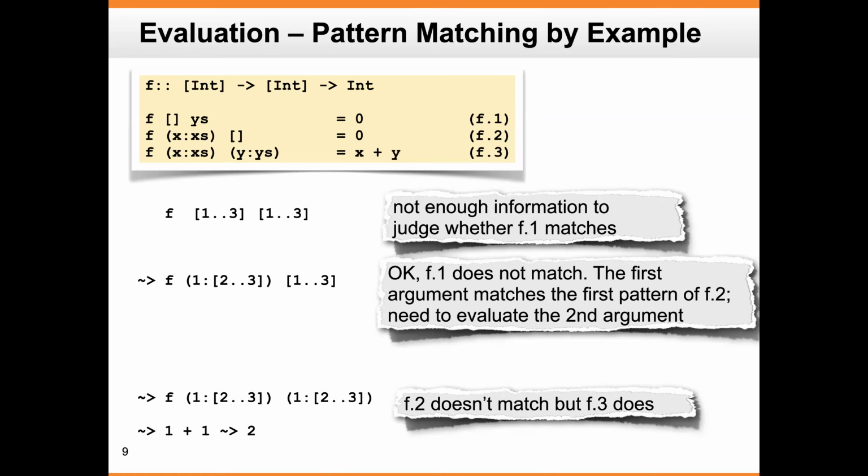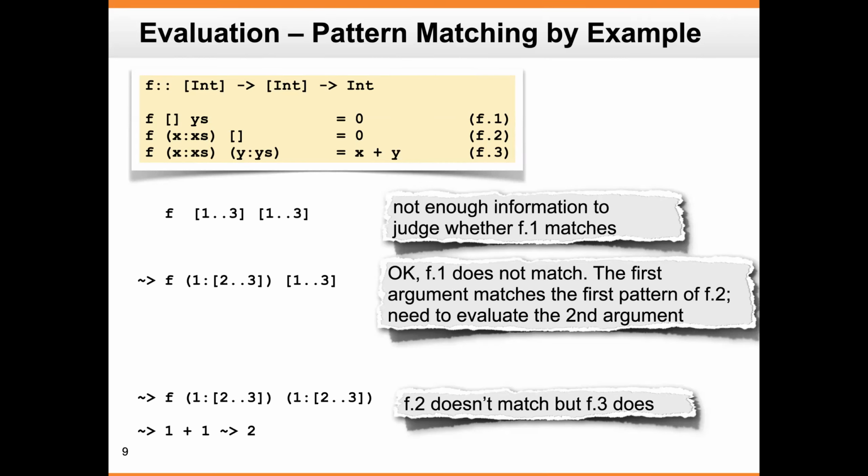Now, let's assume that we call f with two lists, two equal lists. The first one is the interval 1 to 3, and the second one is the same because they are equal. So I will start checking whether the first case matches. For this, I need to unfold a little bit the first list. I need to see whether it has at least one element.